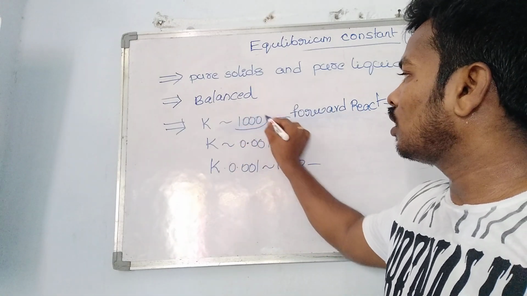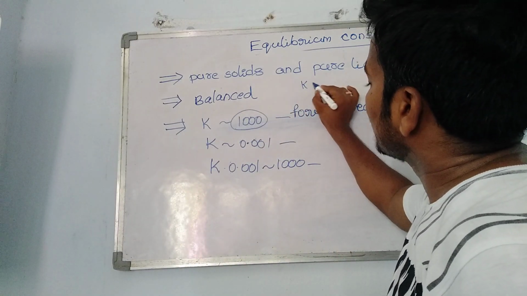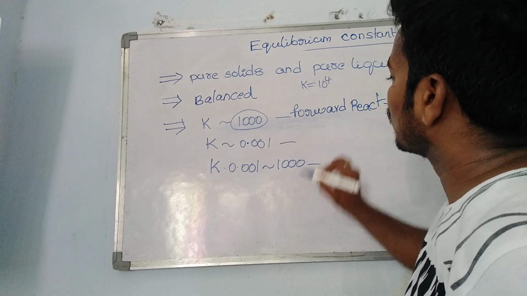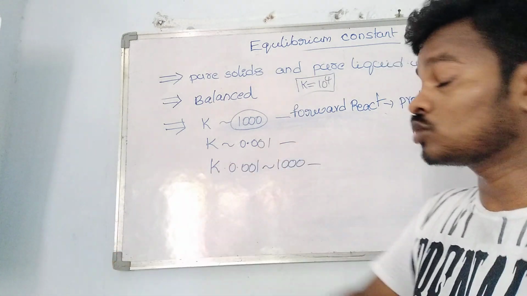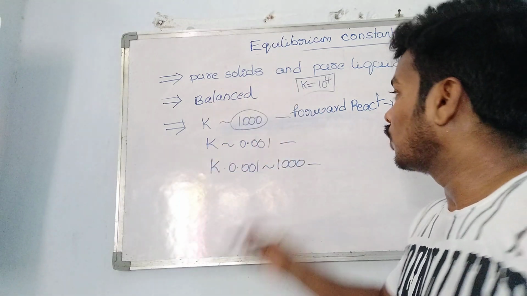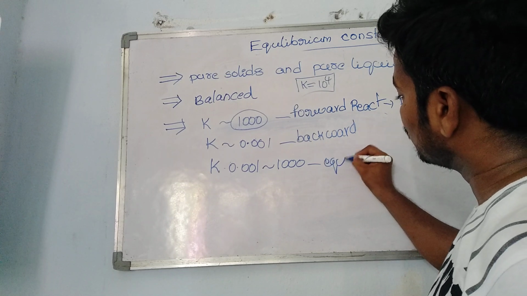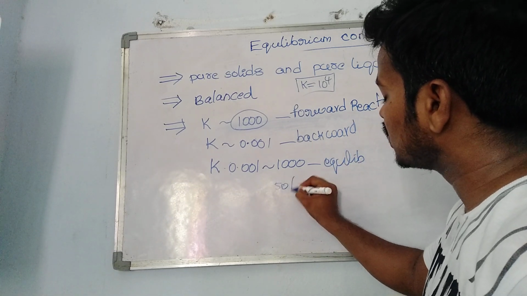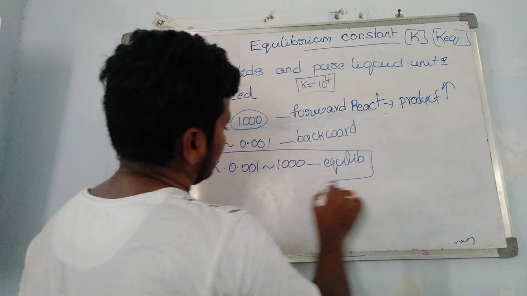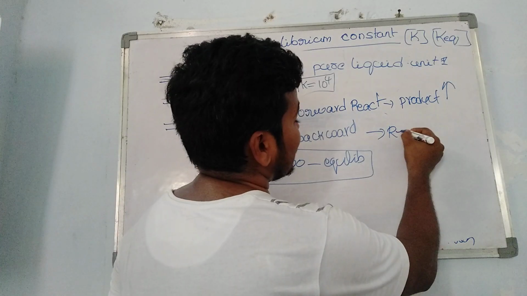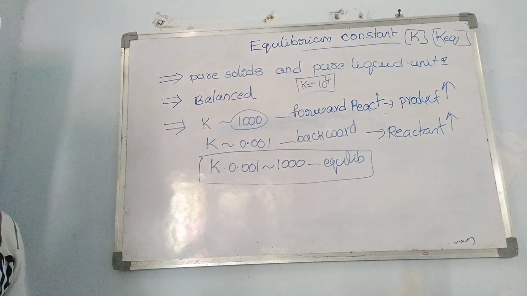For example, if the equilibrium constant is equal to 10 to the power of 4, what is the direction of the reaction? The direction is forward, going forward to attain equilibrium, and the product concentration will be more. A low value will be like a backward reaction. An intermediate value is like equilibrium conditions, where you can see about 50% reactant and product. Backward reaction means the reactant will be more. So this is one case.